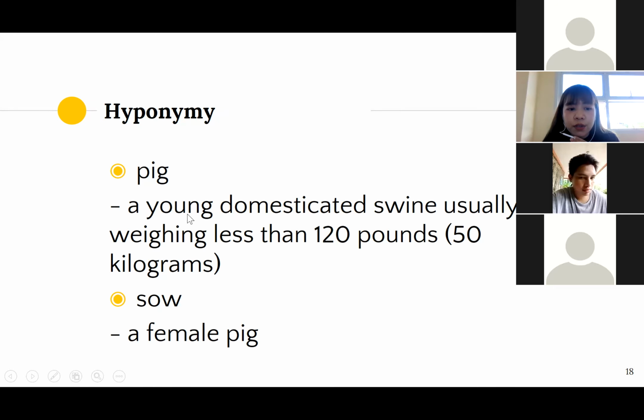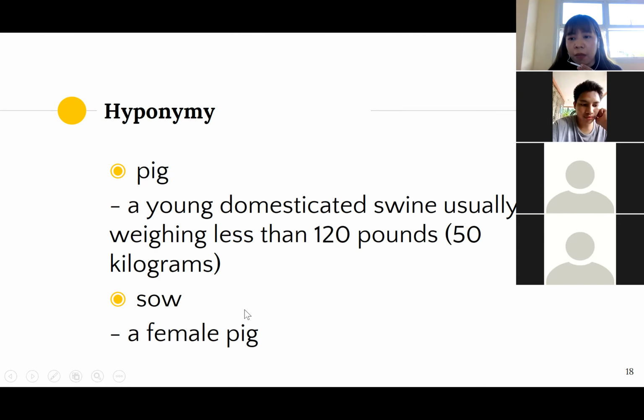Okay. So for example, for this one, as I have said, Mr. Steven Brian's answer is correct. Our hyponym here is sow, and our superordinate is the word pig. When we define the word sow, we mention the word pig. But when we define pig, we do not usually refer to sow in general. When you define pig, you do not automatically refer to a female pig.